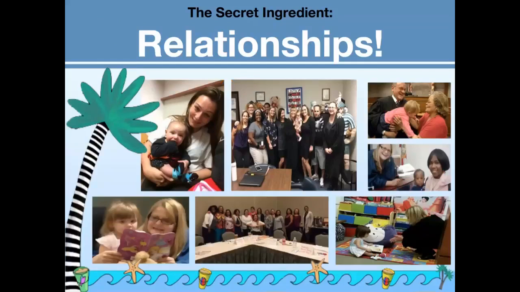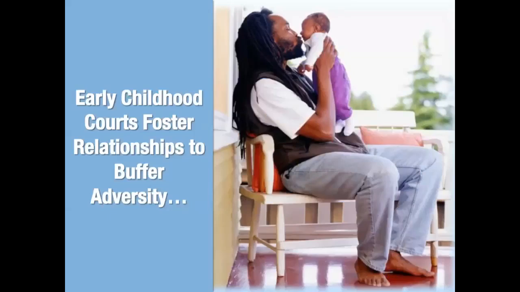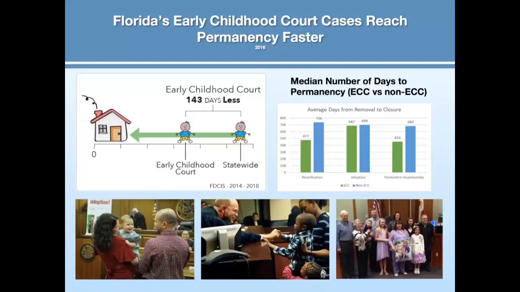And that's what the infant mental health therapist works to promote. So we know that our early childhood courts really foster relationships, and that's what buffers the adversity. The difference between toxic and tolerable stress is having a supportive relationship that is there to buffer that stress.